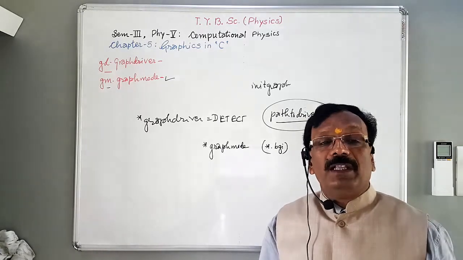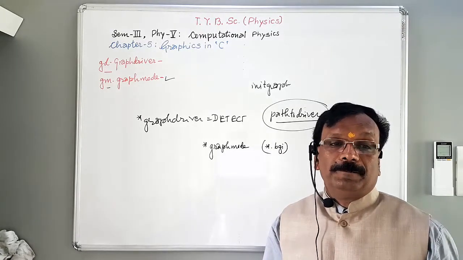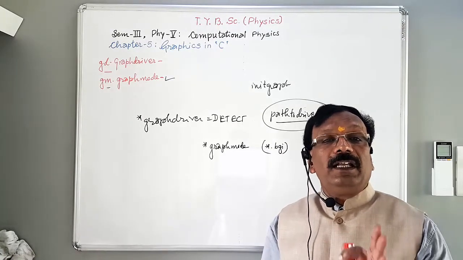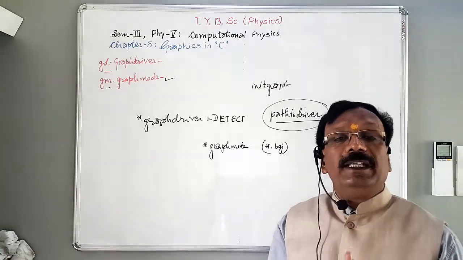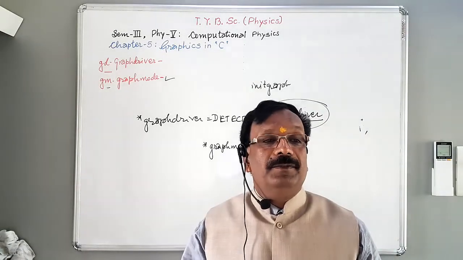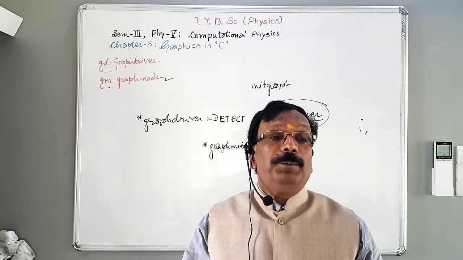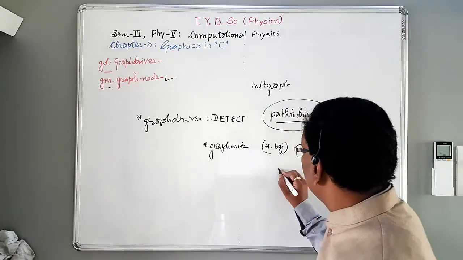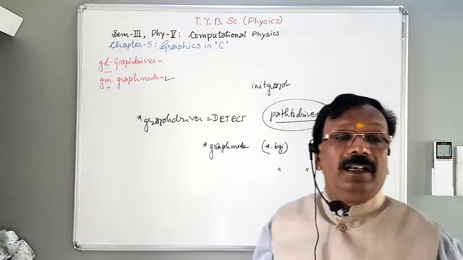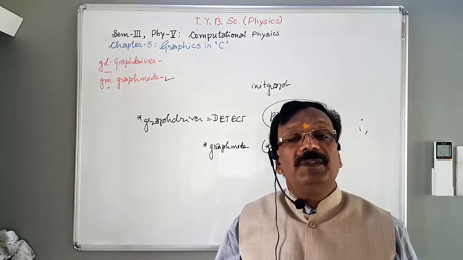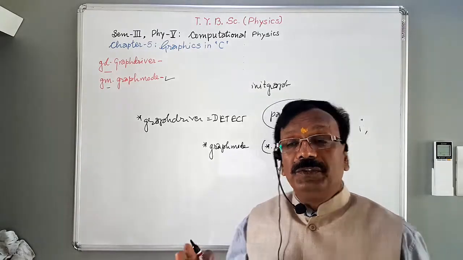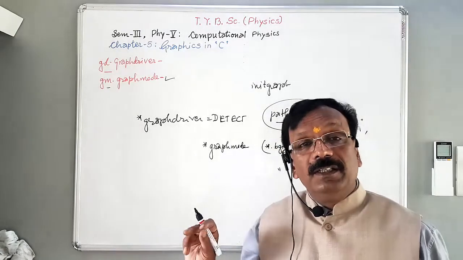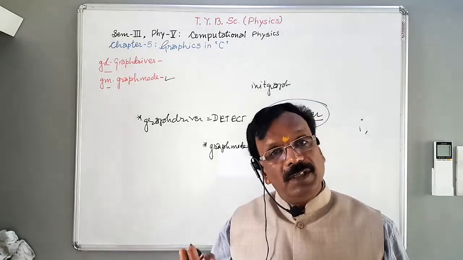If they are not there, initgraph looks in the current directory. If path to driver is null, the driver files must be in the current directory. Otherwise, you have to give path to driver, and then the work is going to complete.